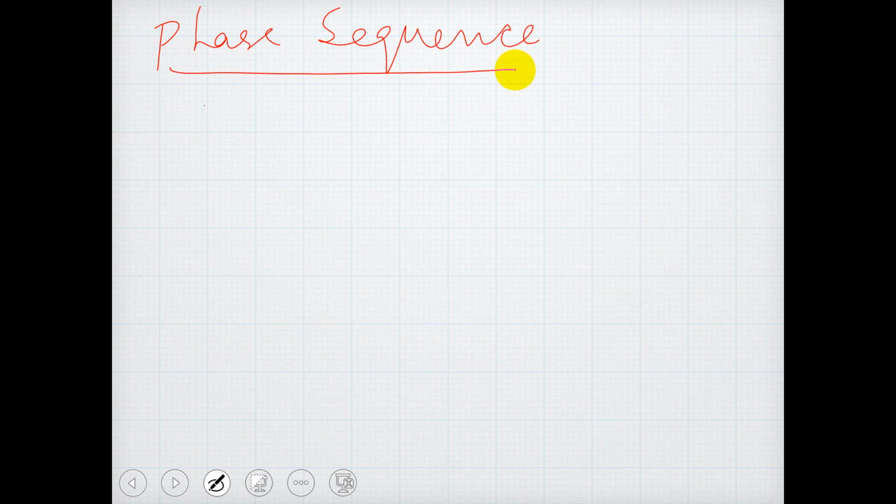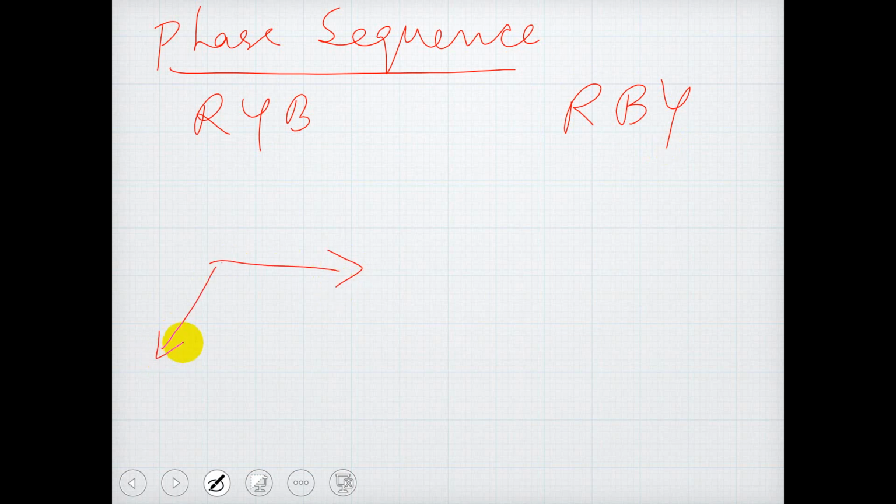One is the RYB sequence and another one is the RBY sequence. Suppose this is ER, EY and EB. Let me denote one of the phases of the three-phase as ER, another phase as EY and another phase as EB. As we know, there is a 120-degree displacement.